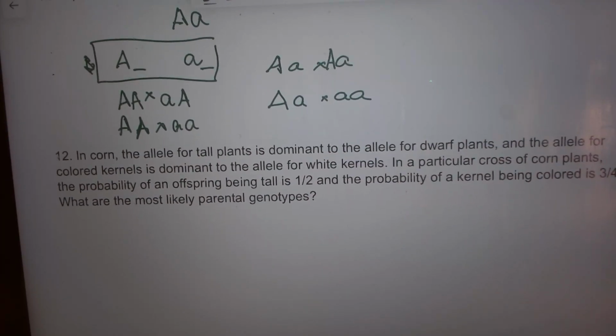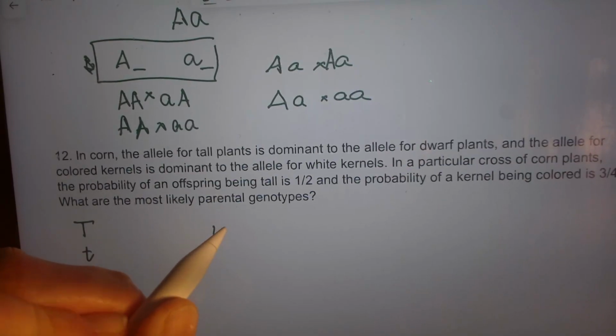Now, number 12. In corn, the allele for the tall plants is dominant over the dwarf plant, and the allele for the colored kernel is dominant over white, in a particular cross of a corn plant. The probability of offspring being tall is half. When did the half happen?